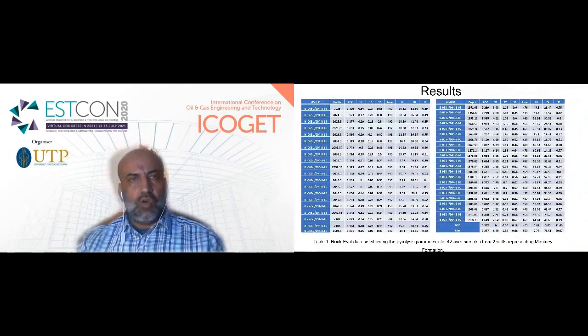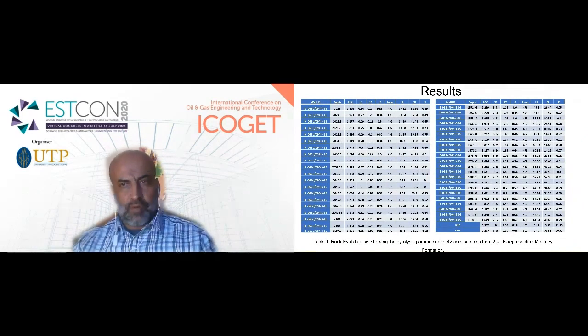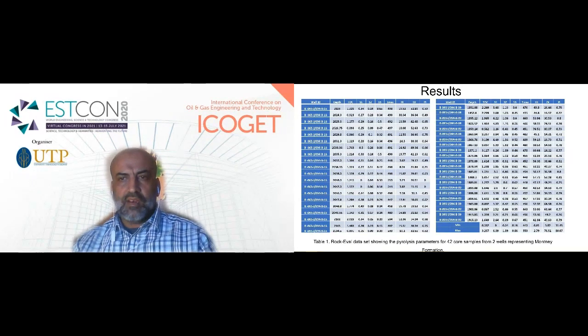The results of the source rock analyzer or pyrolysis are listed, as you can see in table 1, in which the main parameters of TOC, S1, S2, S3, and Tmax were obtained. A descriptive analysis was done for these parameters.